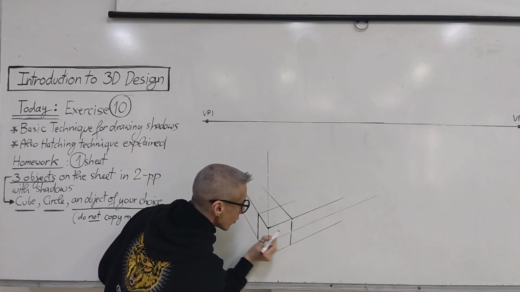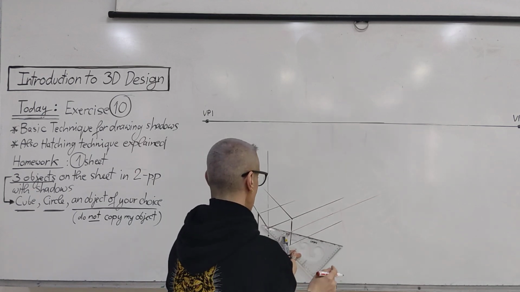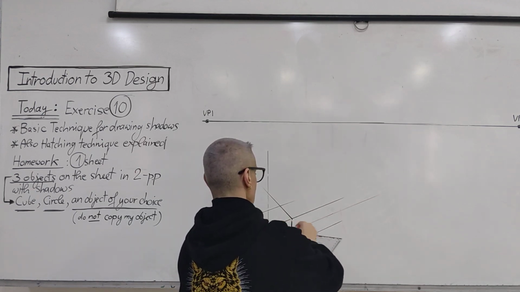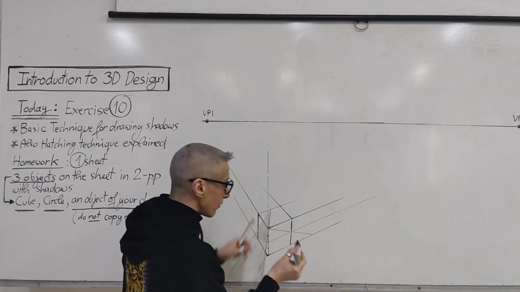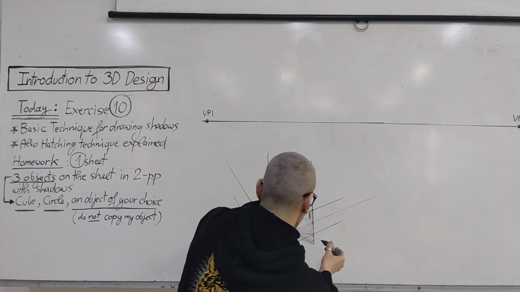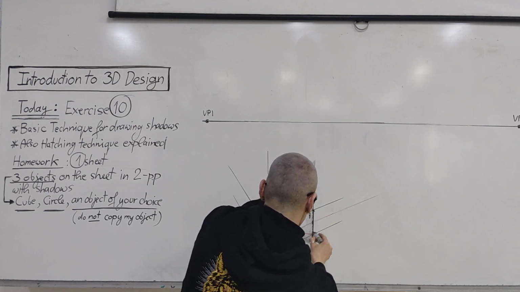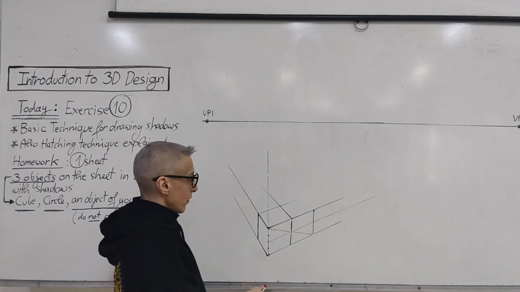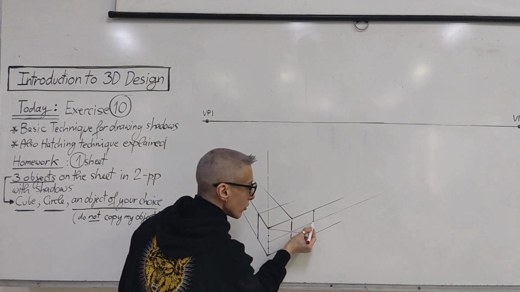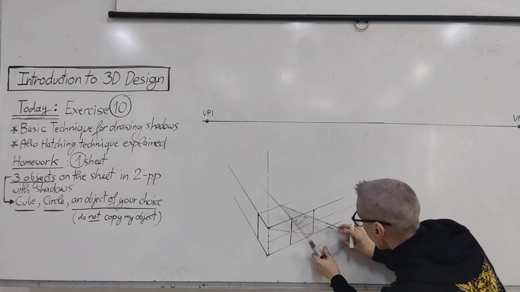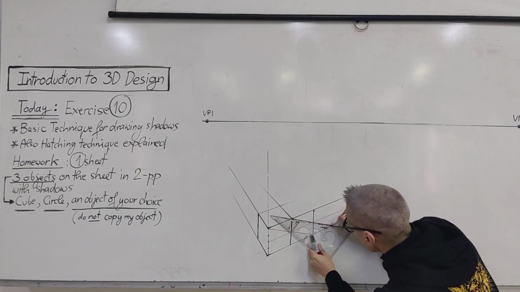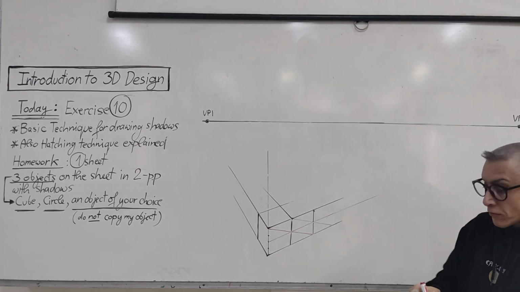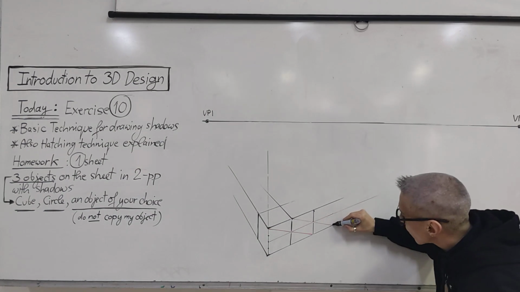Now, from this point through this point, okay? Line. The location of the next cube of the same size is here. The third, from this point through this point. The third cube of the same size is located here.